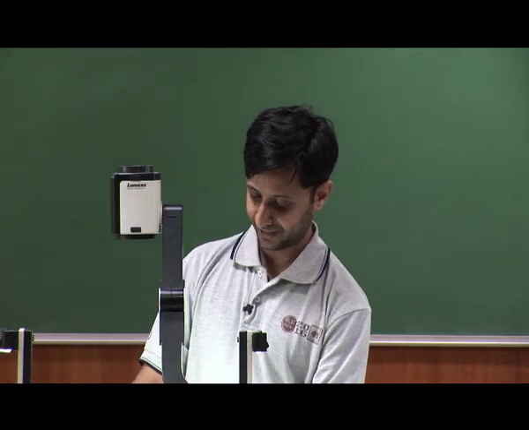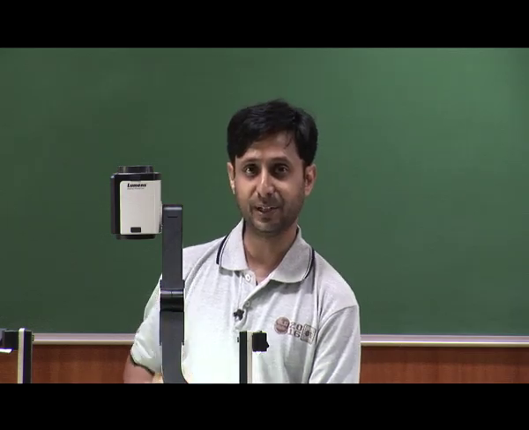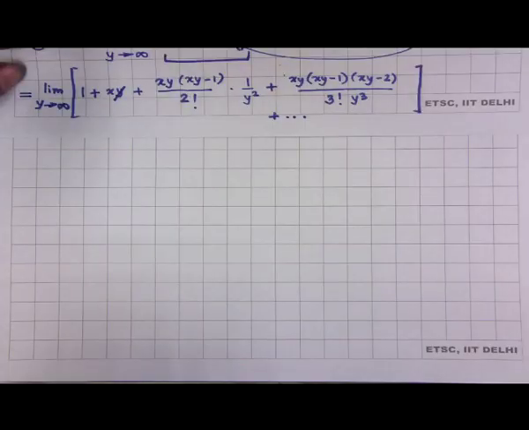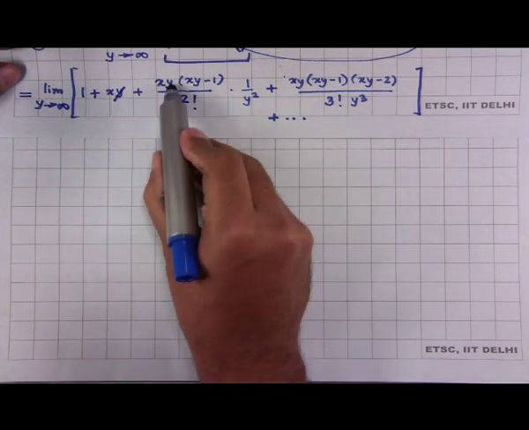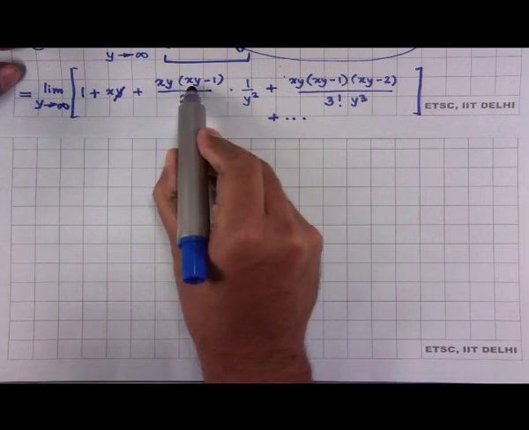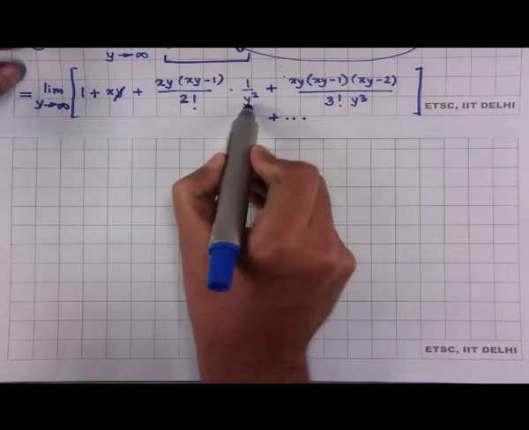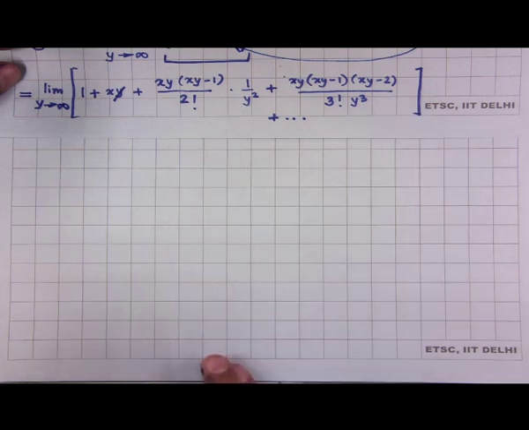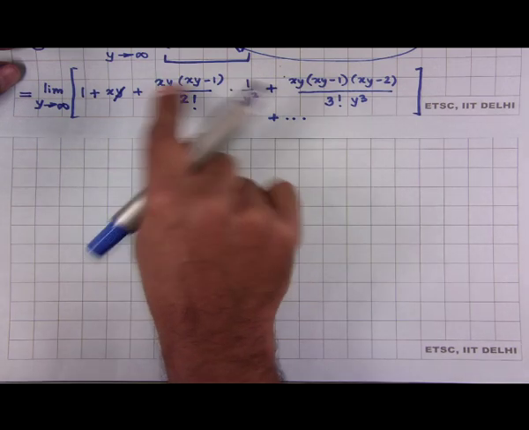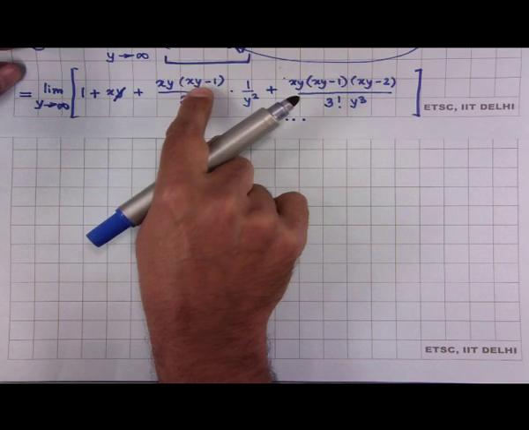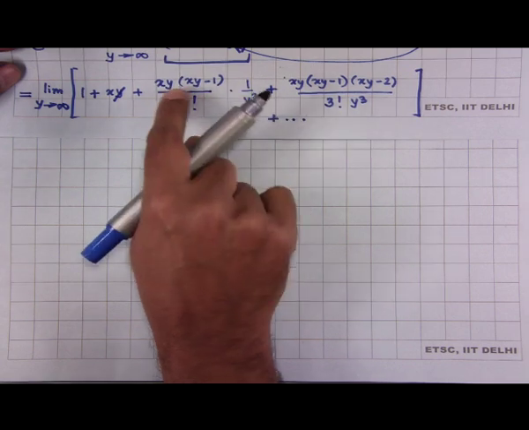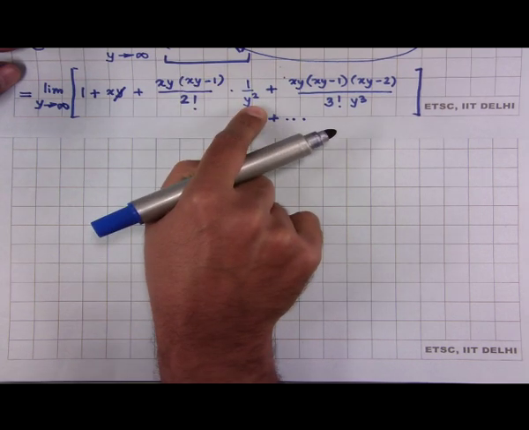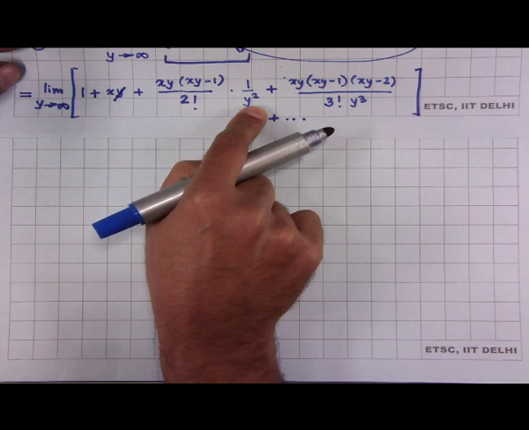We just declare the limit y tends to infinity, y is very large. So, you have got x times y minus 1, the whole thing by y squared. So, this is x squared y squared by y squared, which is x squared, minus x y by y squared, which is very small.